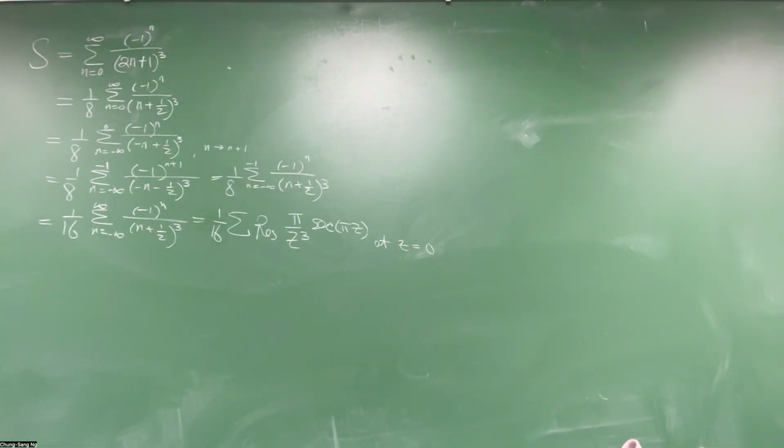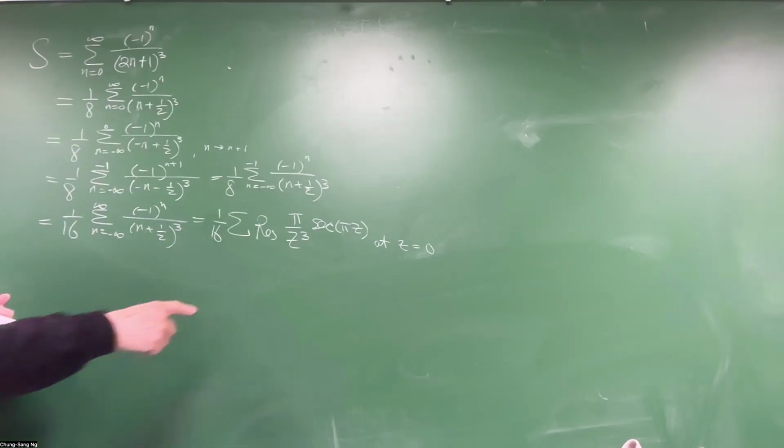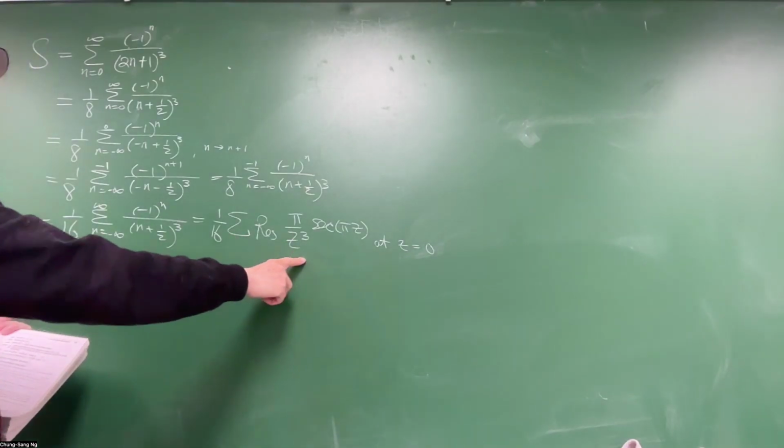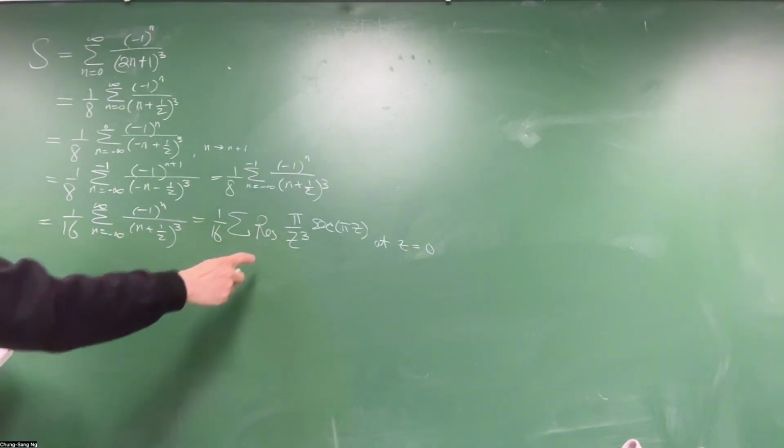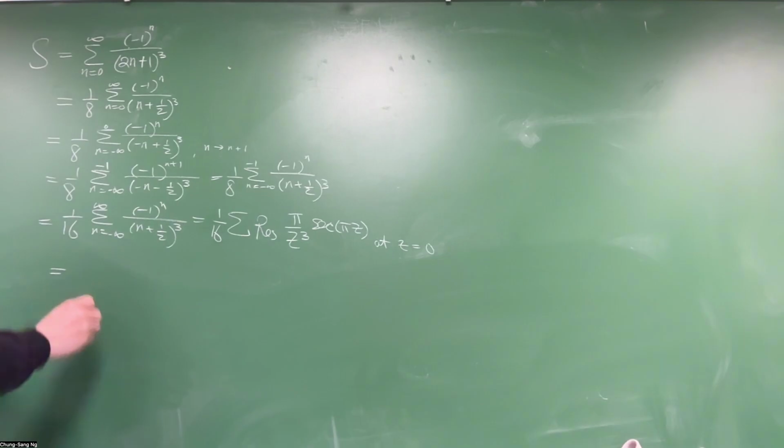Is it okay? There's no sum, it's just one pole, and this is a cubic pole. So a cubic pole means you need to do the derivative, right?